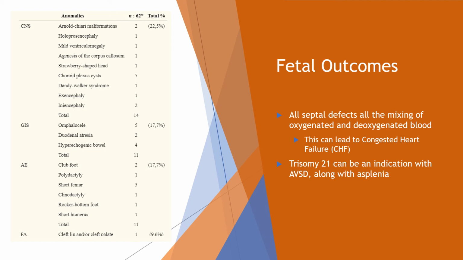And this chart over here, I found it with my research, and it just shows different types of anomalies that were found during a fetal scan that made them make sure that they looked at the heart for sure. And you can see that a lot of these can be associated with some sort of chromosomal abnormality.